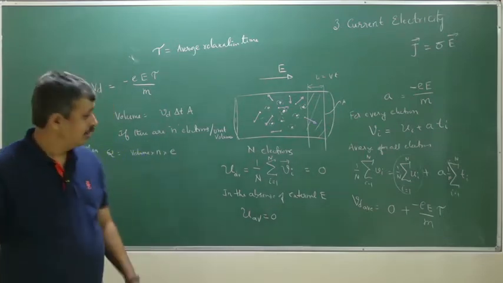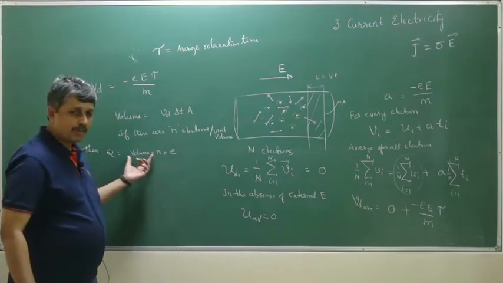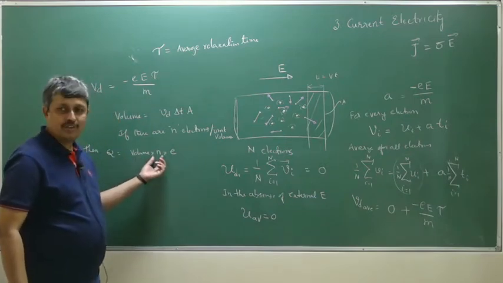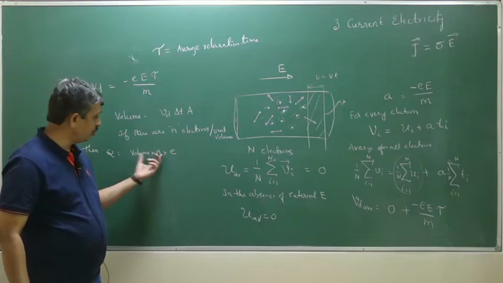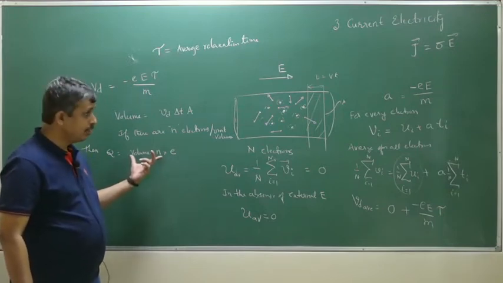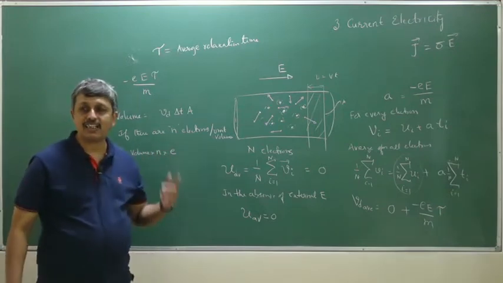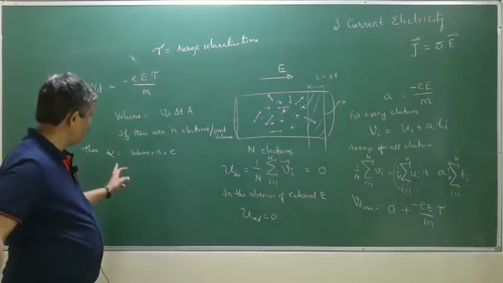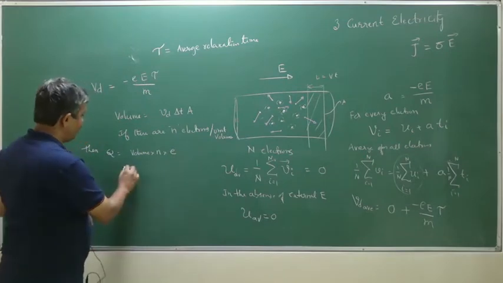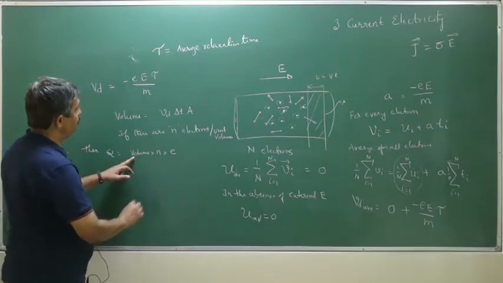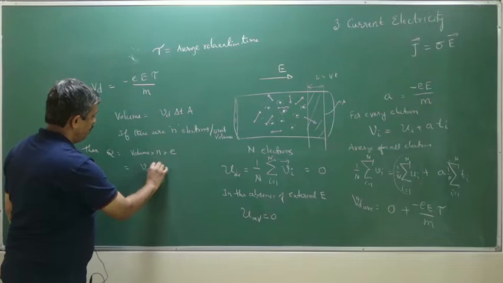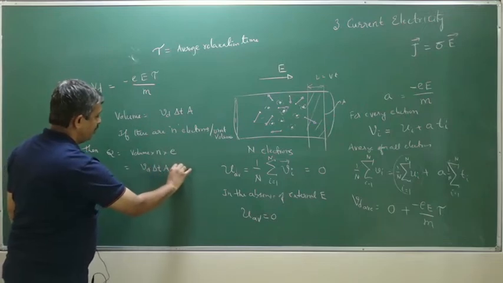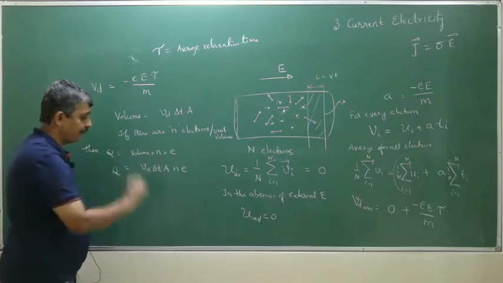Per unit volume you have n electrons, so the total number of electrons into the charge per electron gives the total charge. So we can write Q as Vd into delta t into A into n into e.